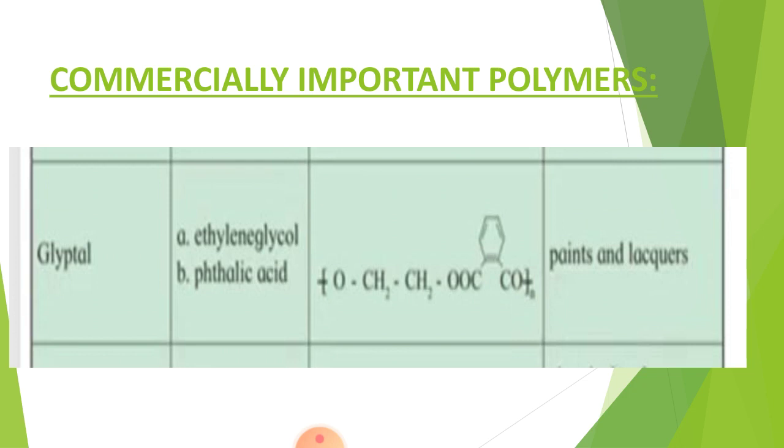It is a copolymerization process, and the structure of the polymer is OCH2 CH2 OOC benzene ring CO. From both sides oxygen will open its branch to link with another polymer structure, and it is applied in paints and lacquers.